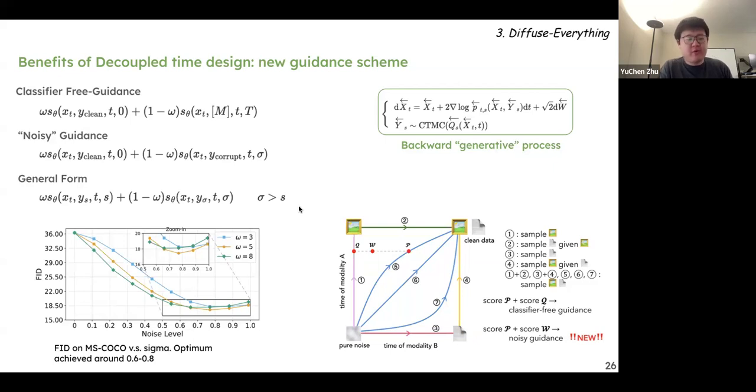There's also a more general way of using this. In fact, it can even enhance unconditional generation, as long as we are noising both parts simultaneously, and noise one of the parts to a noise level larger than the current level.